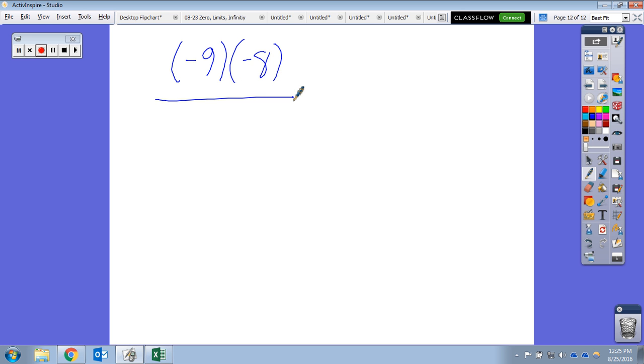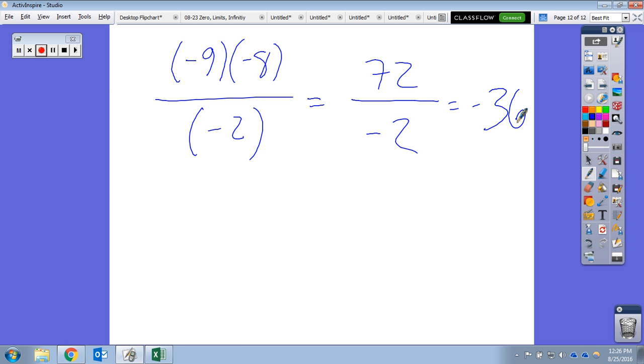Would anyone like to do this, or tell me what to do? You multiply negative 9 and negative 8. Okay, 72. And then it's negative 2 on the bottom. And then you divide 72 by negative 2. Negative 36.